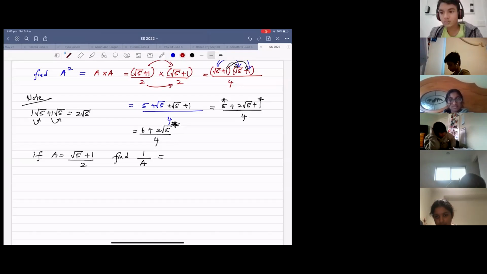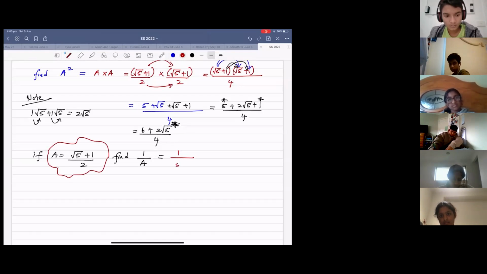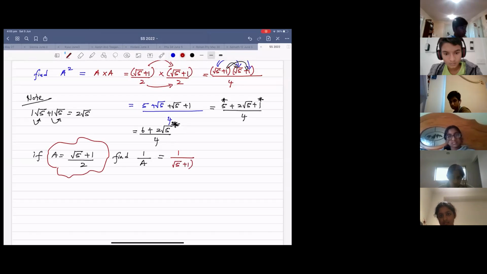Okay. So if A is equal to this, 1 divided by A means 1 divided by, what is A now? A means this guy, right? So it would be square root 5 plus 1 divided by 2.